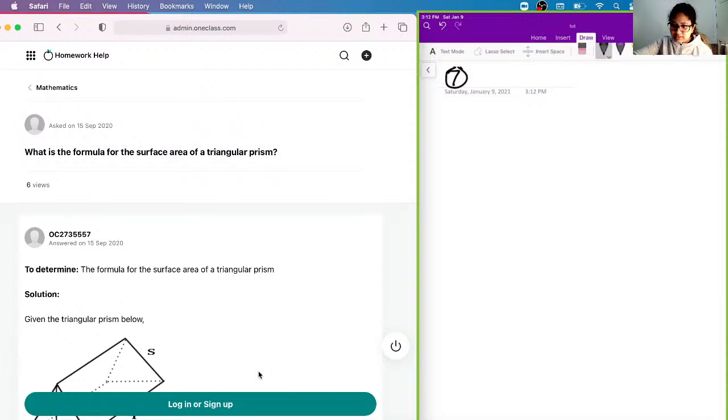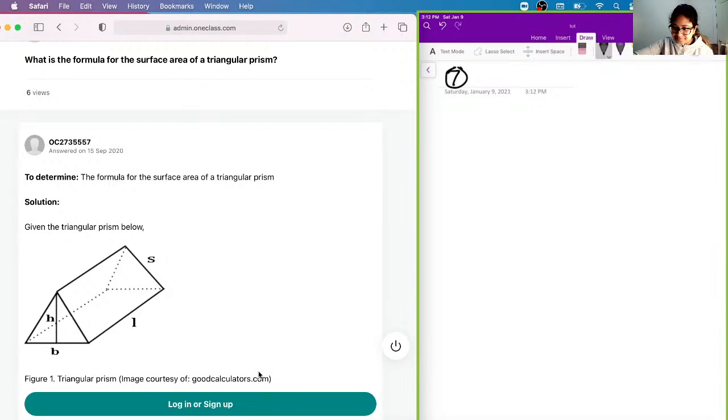Number 7. Our next question says, what is the formula for the surface area of a triangular prism? Okay. So given this triangular prism below, we're trying to find out the surface area of this triangular prism.